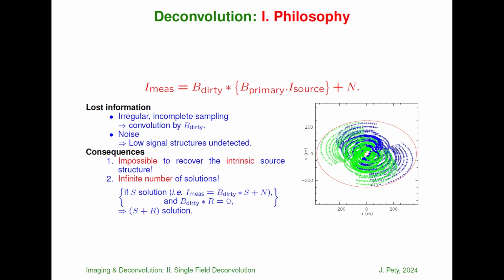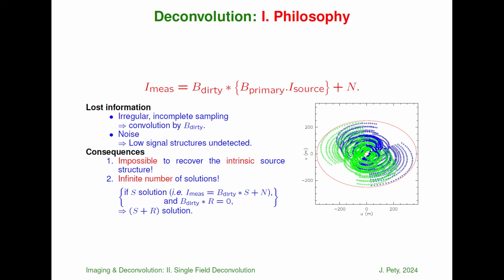Here, S is for solution, not sampling anymore; I've changed the notation. S is the product of B primary times I source. So E measured is equal to B dirty convolved with S plus noise.